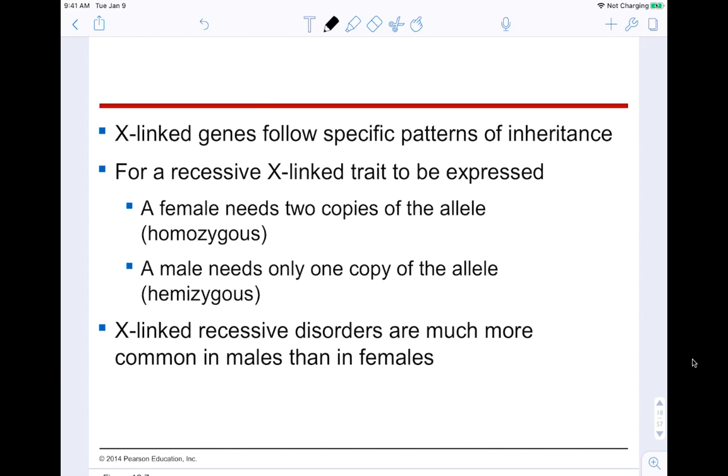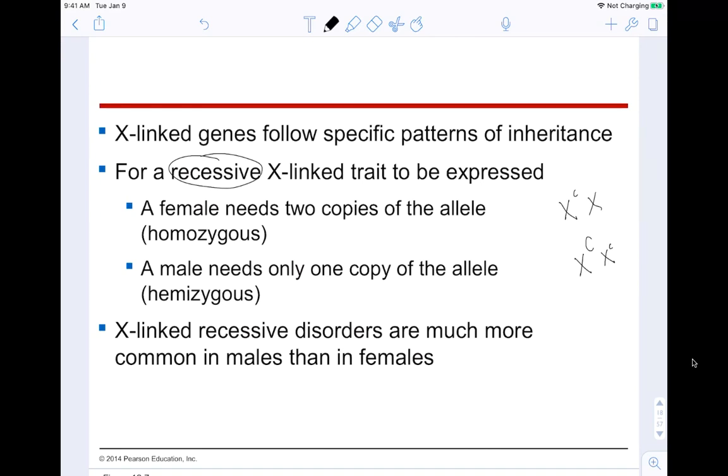There's lots of different ways to denote, for instance, color blindness. Sometimes you'll see it as an X to the C, that's an X chromosome that has the color blindness, and then this would be a normal X. Or sometimes, because this is saying that it is a recessive X-linked characteristic, you'd have a capital C for the dominant and a lowercase c for the recessive.